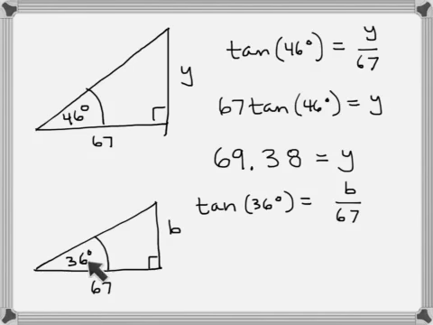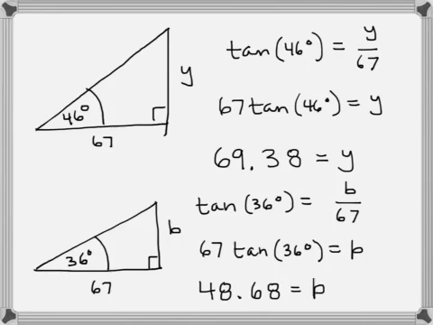So the tangent of 36 degrees would be the opposite over the adjacent again, so that's b over 67, and just like before we could multiply both sides by 67 and then go to the calculator, and we would get that the height of the building is 48.68 meters.